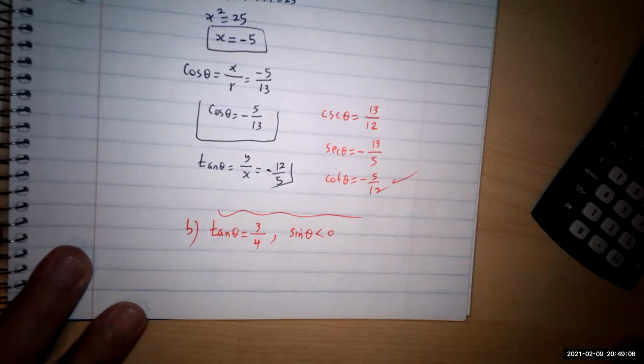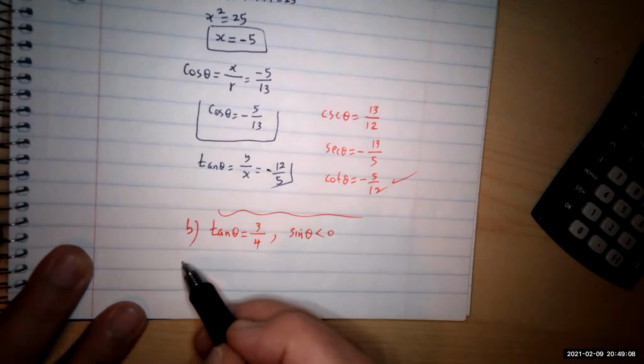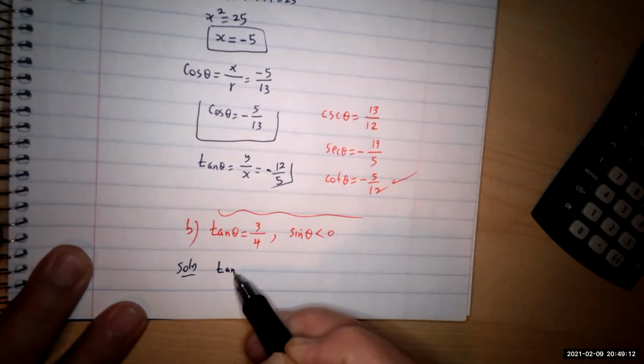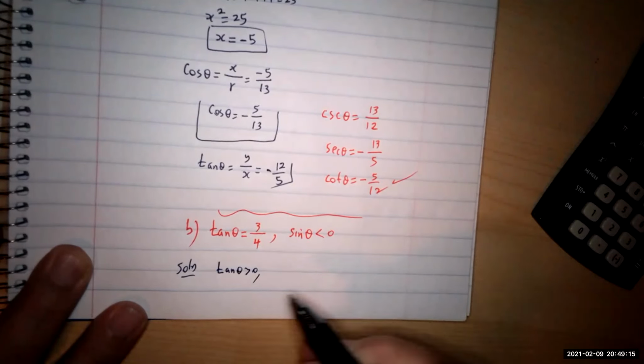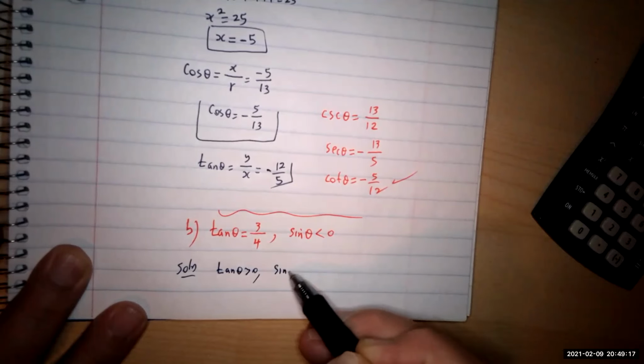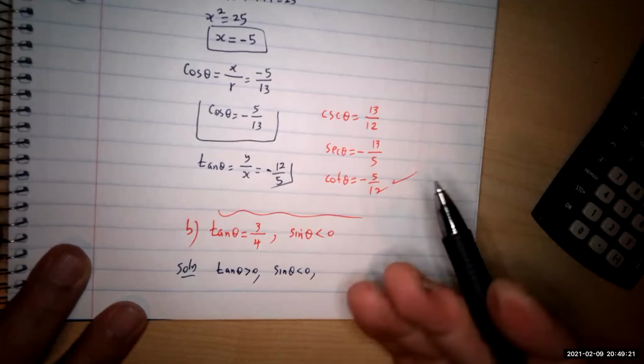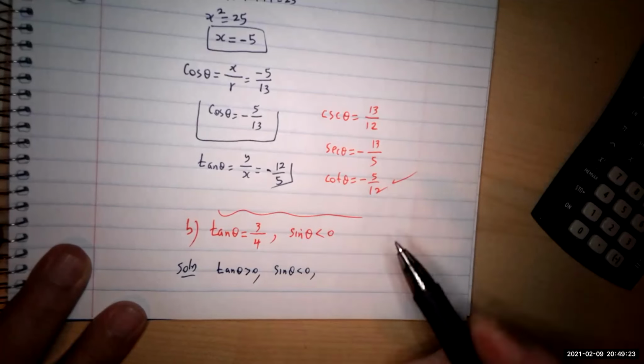Okay, so the location is going to be, we said that the tangent is positive and the sine is negative. You know that we divide the sine and the cosine to get the tangent.